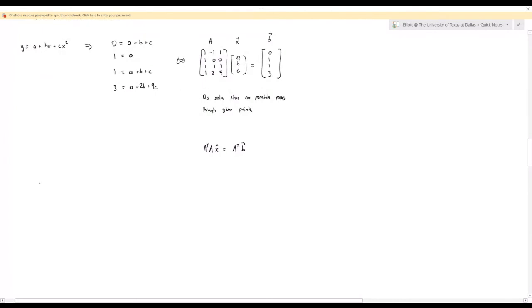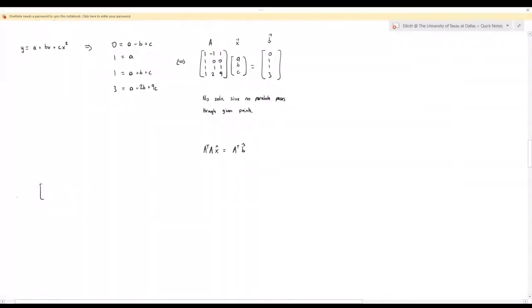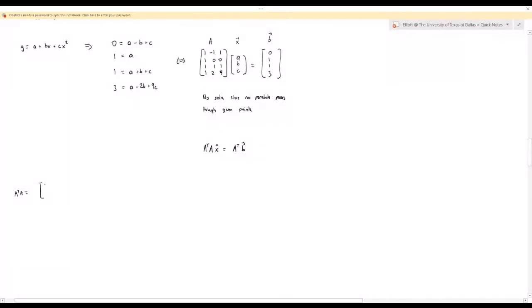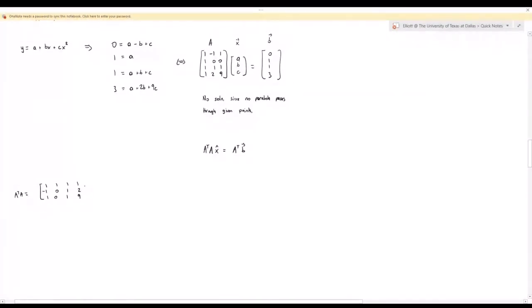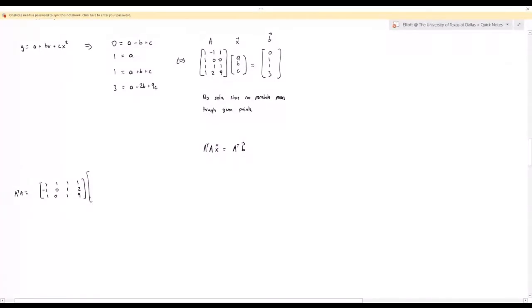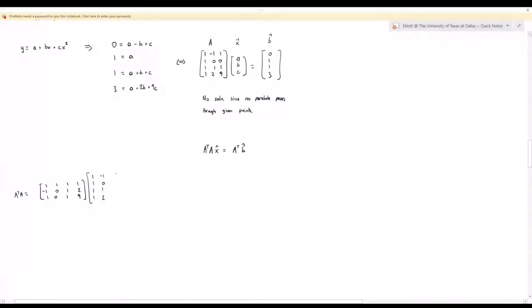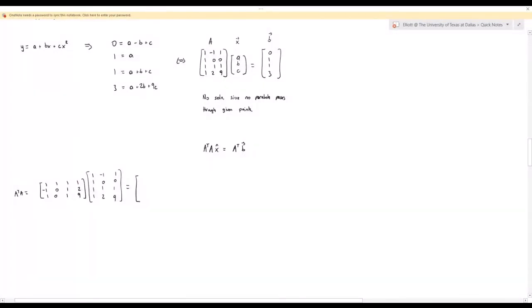So here we'll have to compute A transpose A. Let me set that up right now. Here's A transpose, and then times A. Let me work this out real quick.